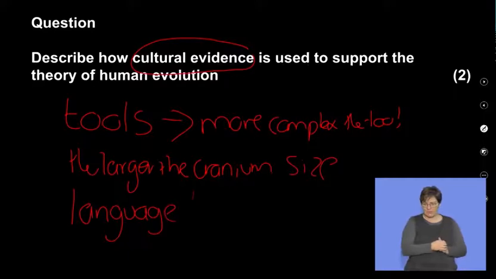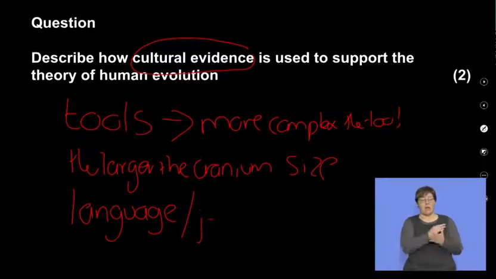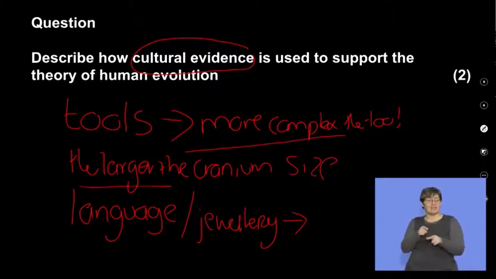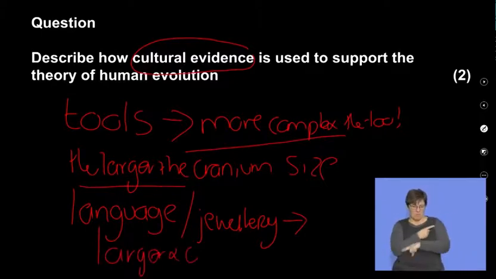What else? Other things would be not only tools, sometimes you guys learnt about jewelry. All of that is culture. And what does that mean? Language, once again, all of that leads to a larger and more complex cranium.